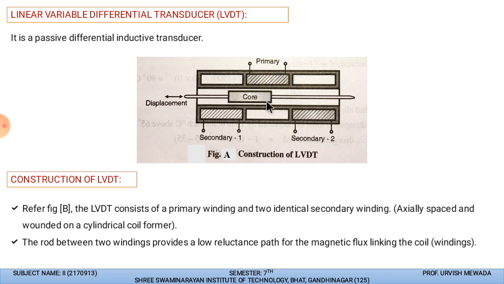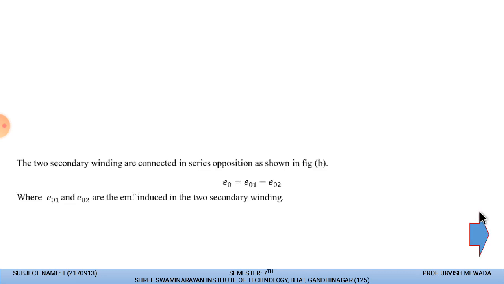Two windings are considered as secondary, both connected in differential manner, and on the first winding, the primary winding, we give the input supply. This is the axial displacement. With this movable core we can connect our movable object, so as the object moves, the core moves, and that offers the output voltage accordingly.